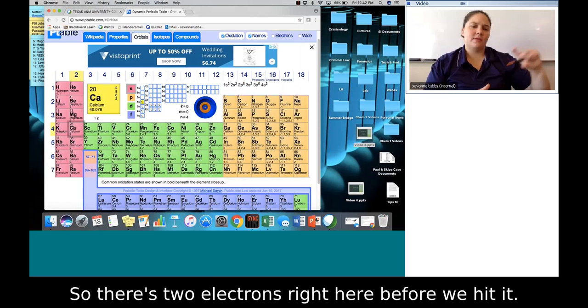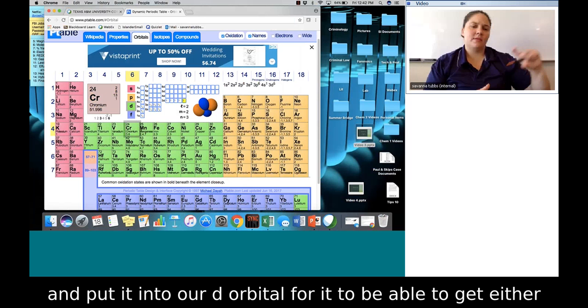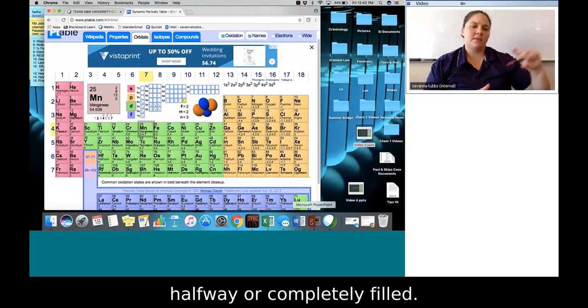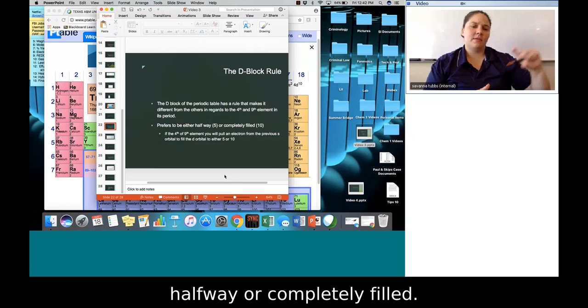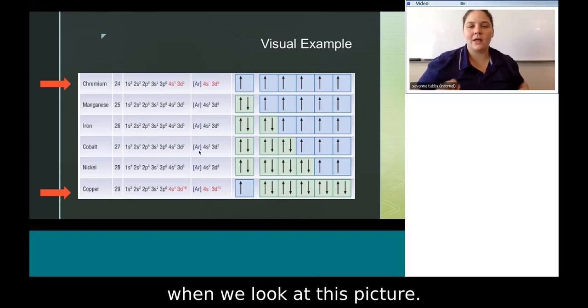So there's 2 electrons right here before we hit it. It's going to pull one of the electrons from our s orbital and put it into our d orbital for it to be able to get either halfway or completely filled. And hopefully it'll make a little bit more sense when we look at this picture.